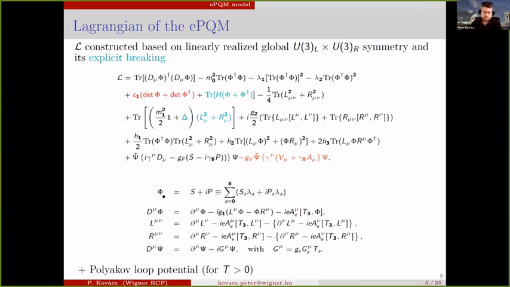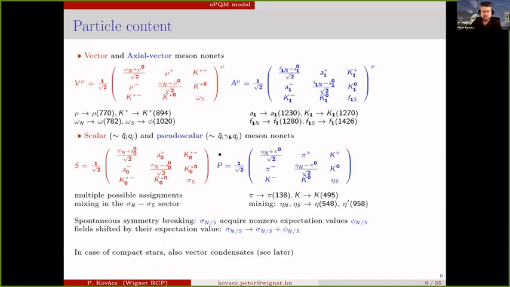What is the particle content? We have four nonets: the vectors, axial vectors, scalars, and pseudoscalars, with the rho, K star, etc. So all the standard particles below, let's say, 1 GeV. We have spontaneous symmetry breaking, so the isoscalars acquire a non-zero expectation value.